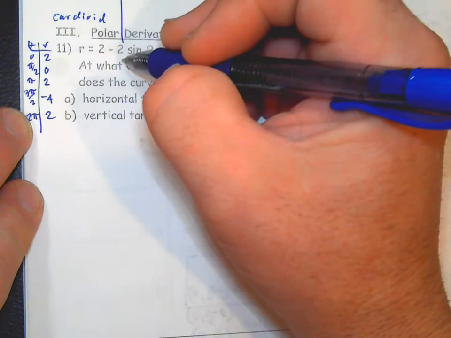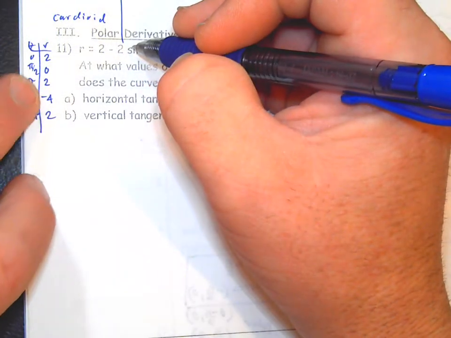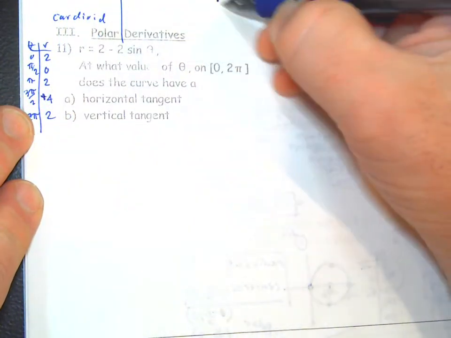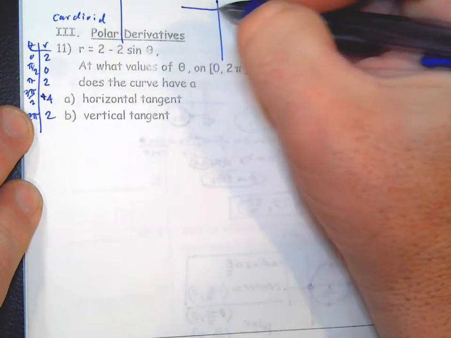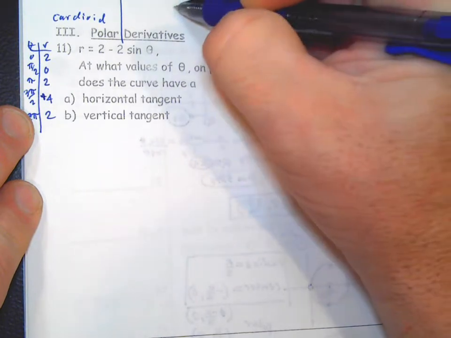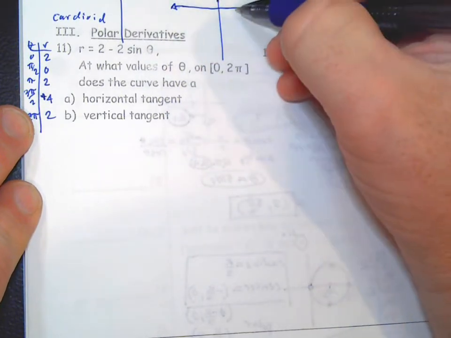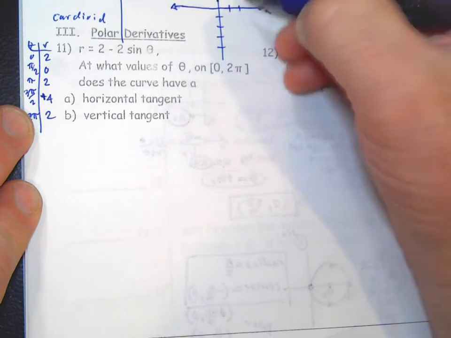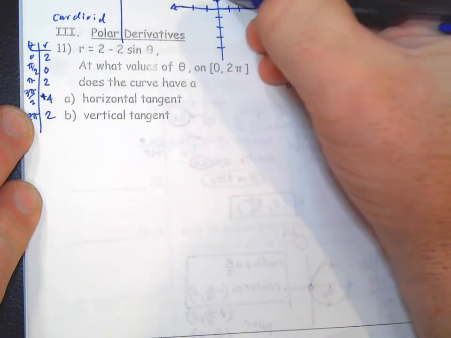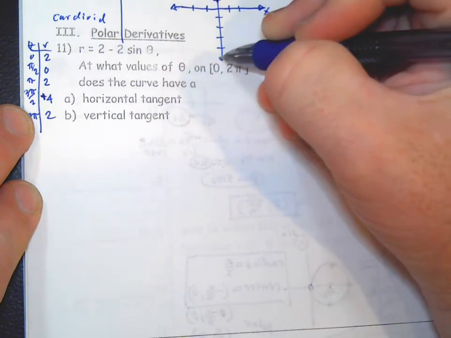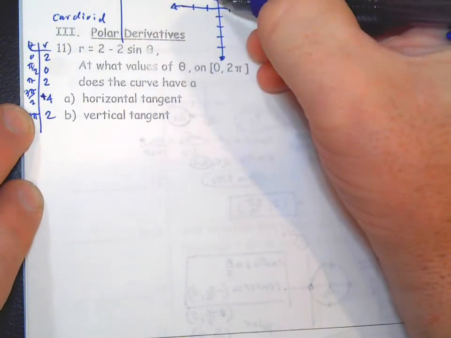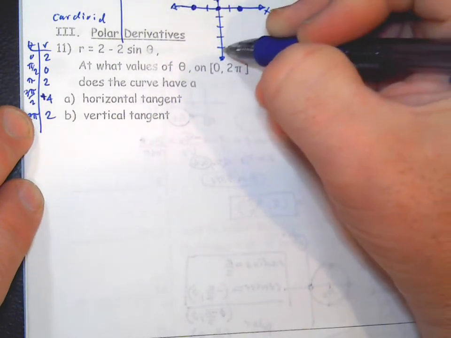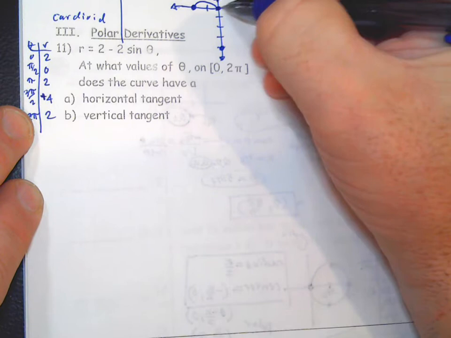Okay, hold on. Oh, this would be positive 4. So it's bigger underneath. It's a cardioid, so you might just give yourself a little more room. So 1, 2, 3, 4, 1, 2, 1, 2. 0, 2, pi over 2, 0, pi, 2, 3 pi over 2, 4, and we're back there. So this is what the graph looks like.